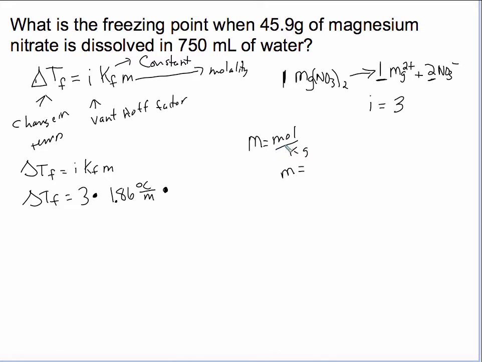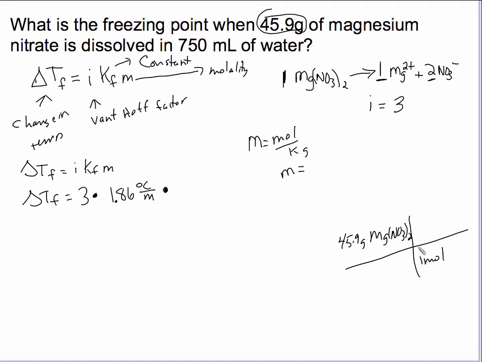We don't know what little m is, but we have to figure out the moles. So to get moles, when we know grams, we have to change the grams into moles. We take 45.9 grams of magnesium nitrate, and draw a picket fence.